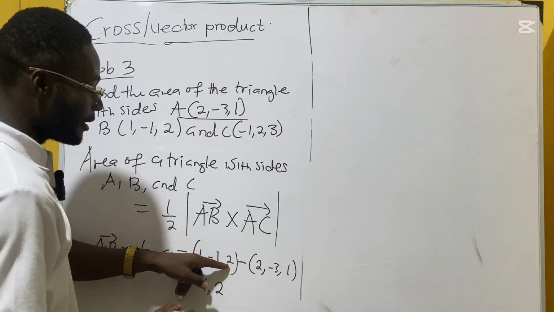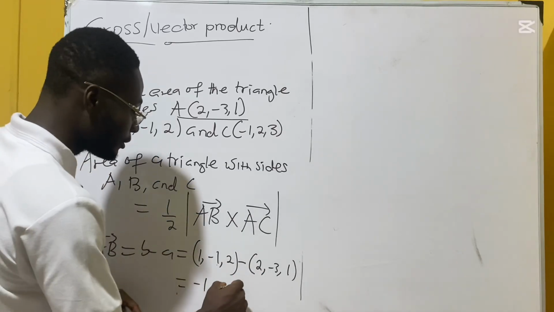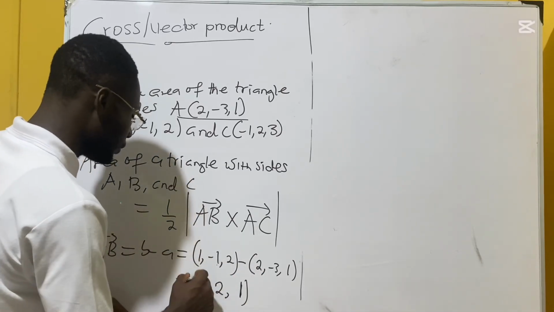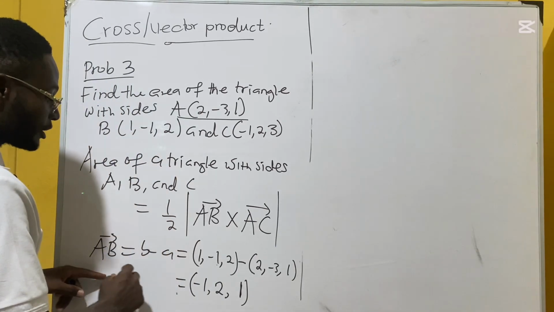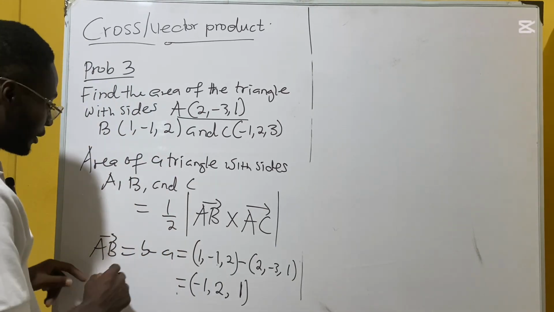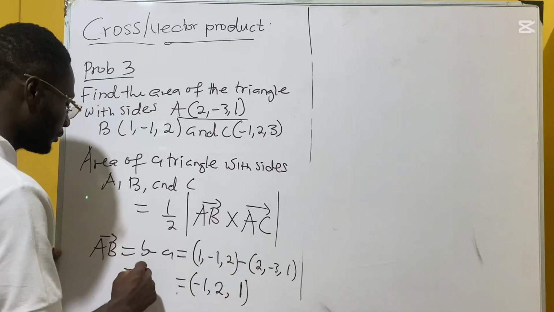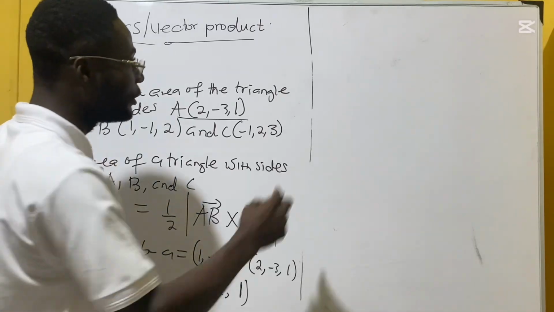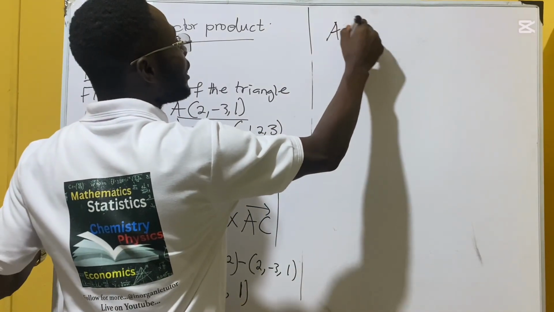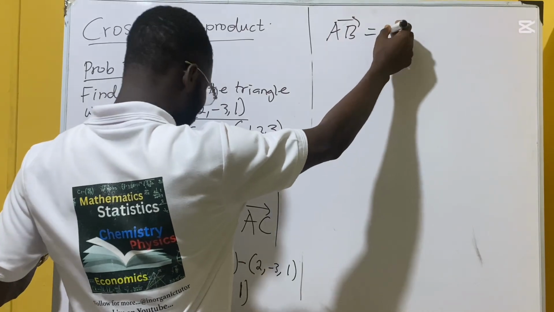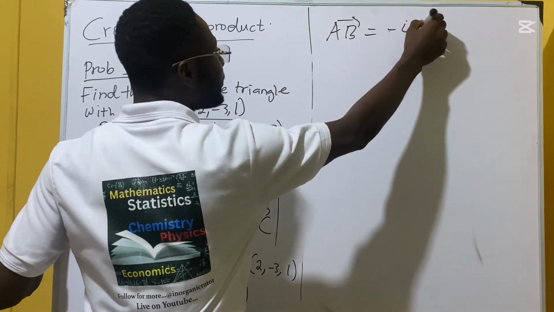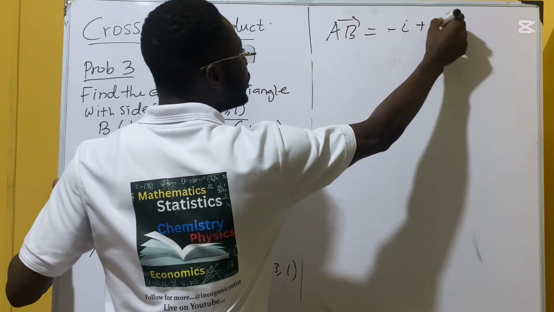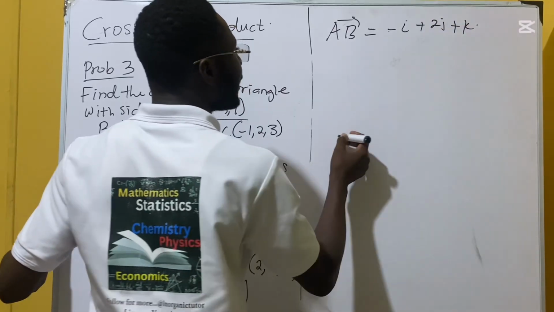And 2 minus 1 becomes plus 1, right? So we have the position vector for AB. So position vector for AB is equal to negative i plus 2j plus k, right?